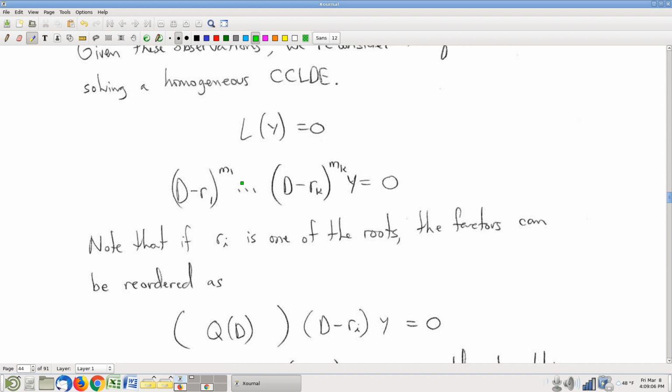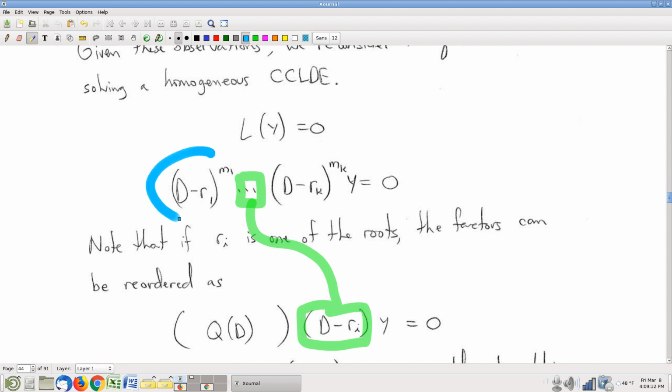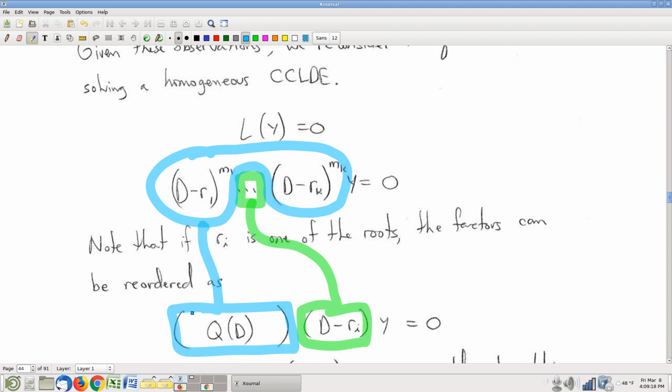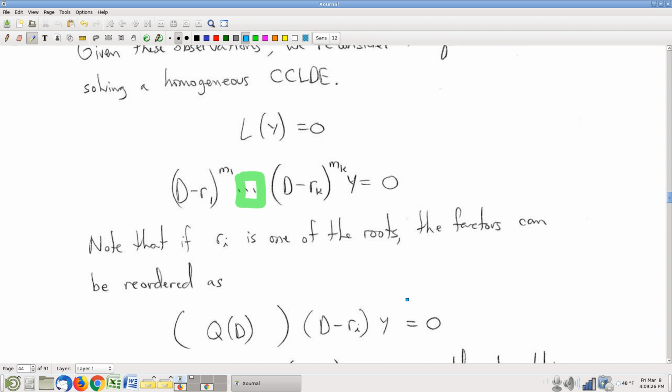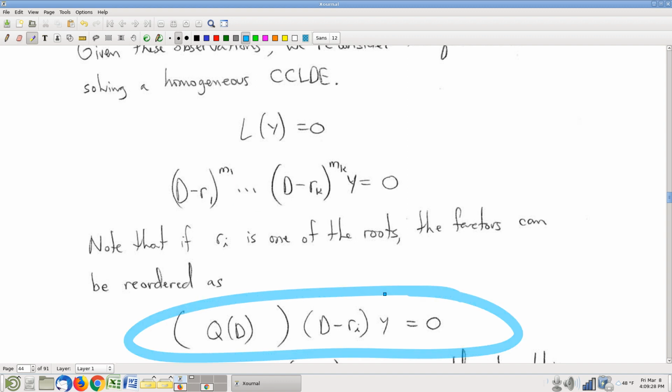I'm going to take arbitrarily any one of those factors, move it over to the right, take everything else, lump that over there on the left. I don't really care how you lump it over there, just kind of throw everything else over to the left. Okay. And then I want to look at this resulting differential equation, and let's strategize.